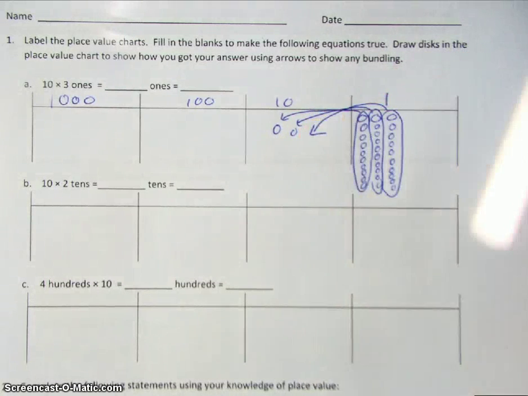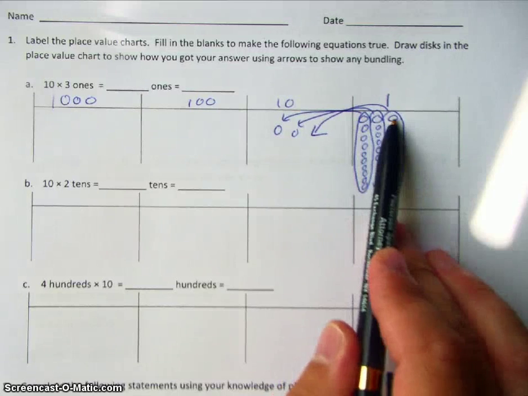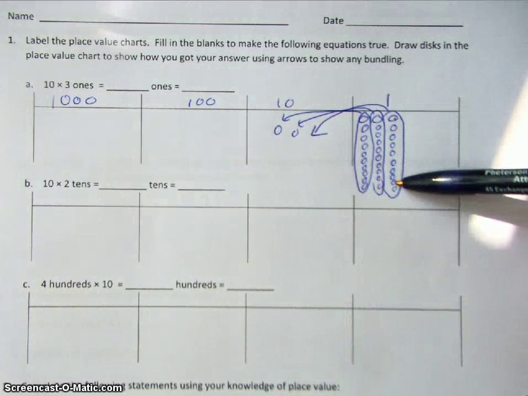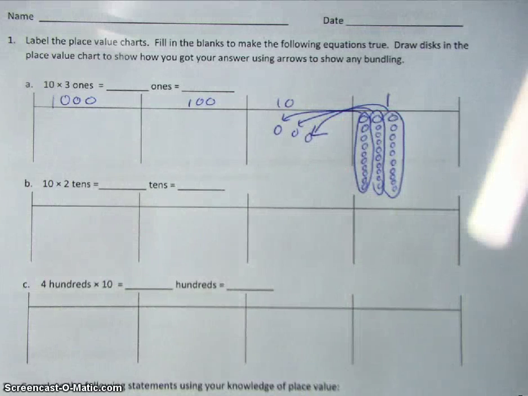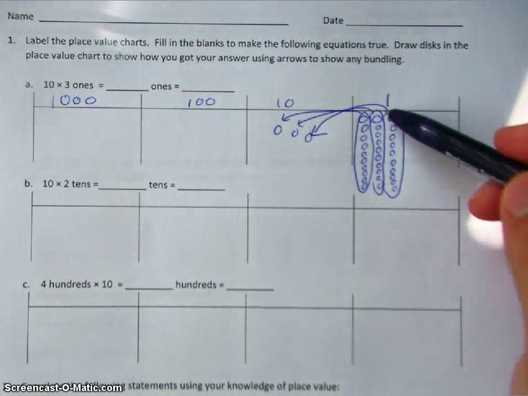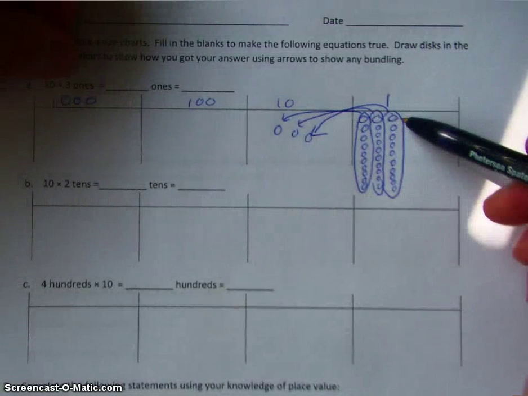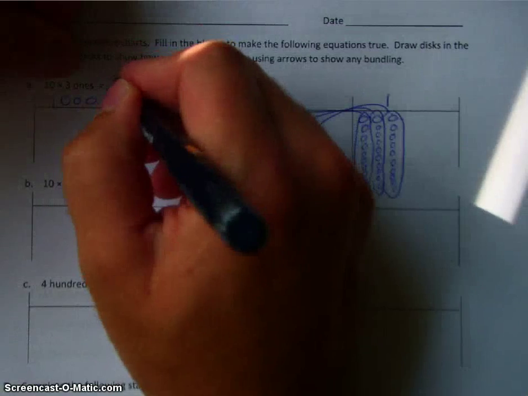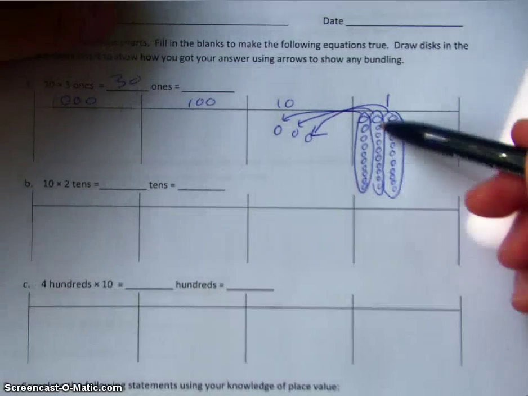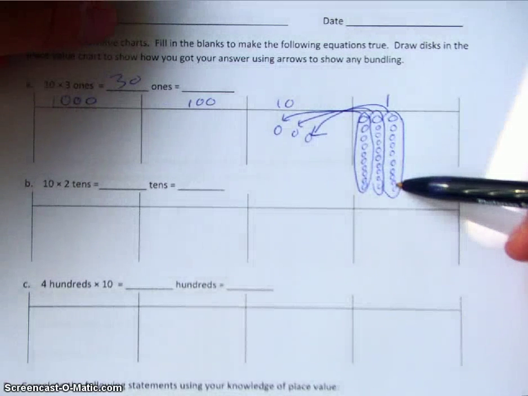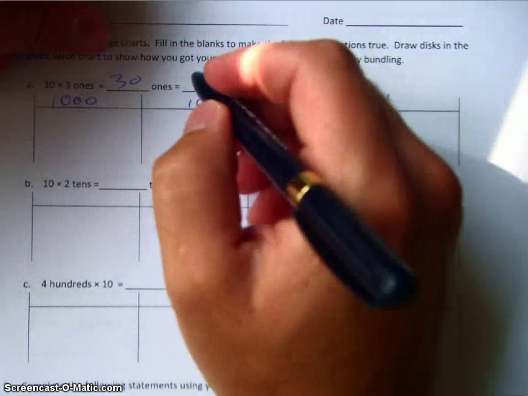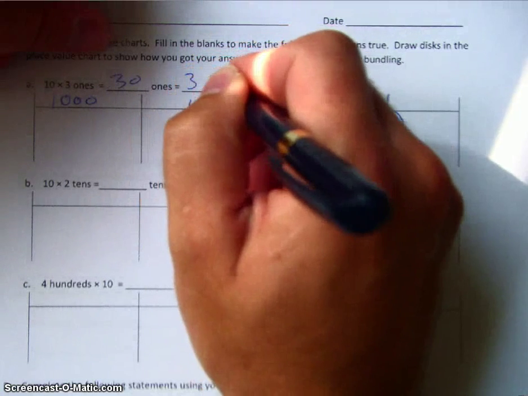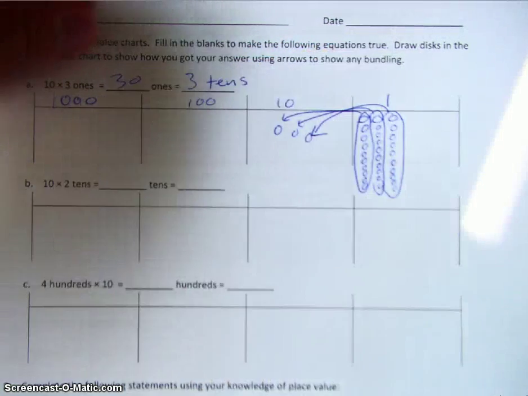As you can see, there are 3 ones multiplied times 10 and then bundled up create 3 tens. After we multiplied our 3 ones, we ended up with 30 ones because we have 30 circles over here. And then when we bundled up our groups of 10, we ended up with 3 tens.